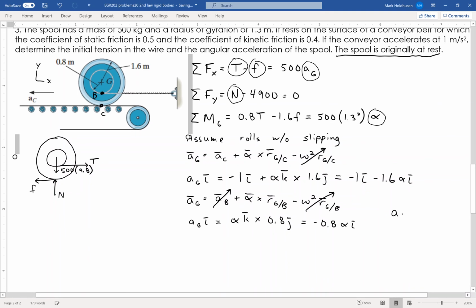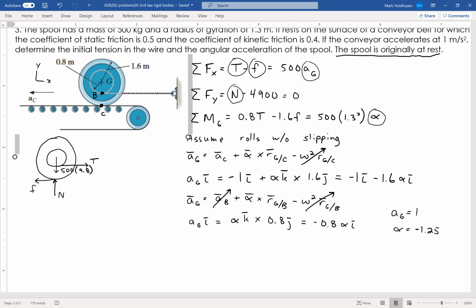So AG equals 1. Alpha then equals negative 1.25. Now, I don't know if these are true because, again, remember I made this assumption that this thing rolls without slipping on the conveyor belt. Okay, so for that case, I know this to be true.